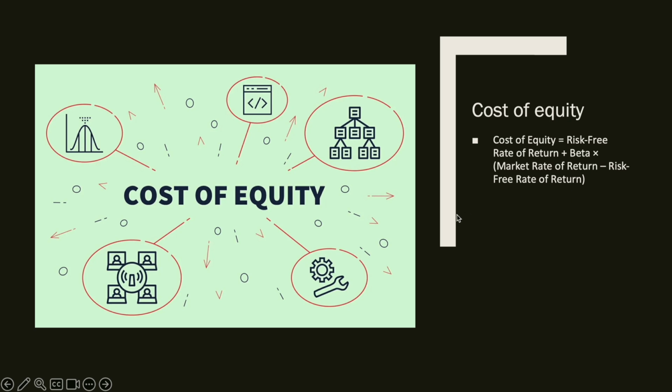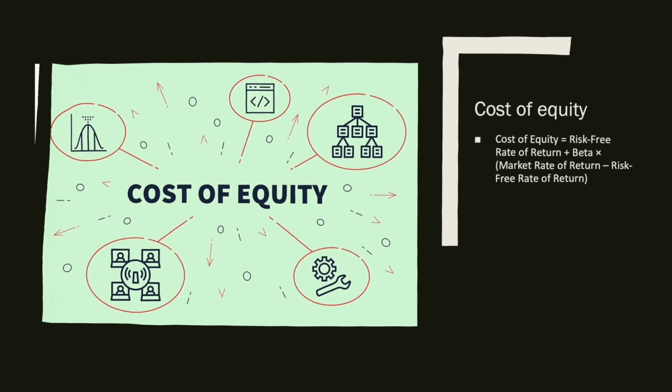We need to get these numbers through our Excel calculation, and especially the beta. So here is the most crucial part, the calculation of the beta. 70% of the project that I'm going to do is based on beta.